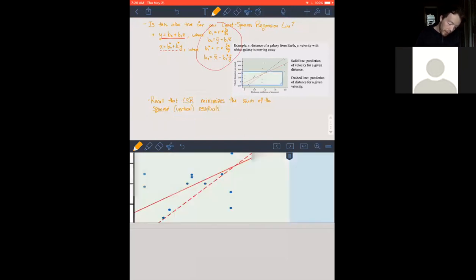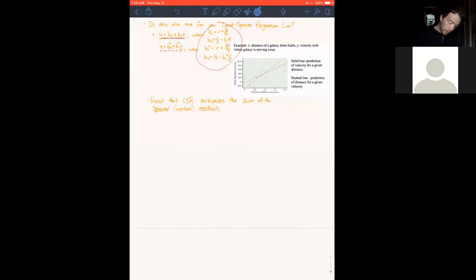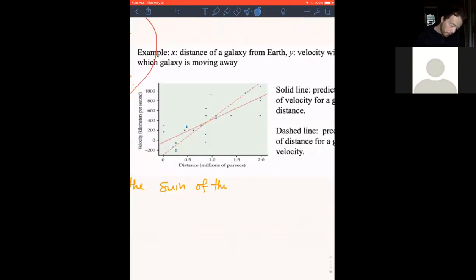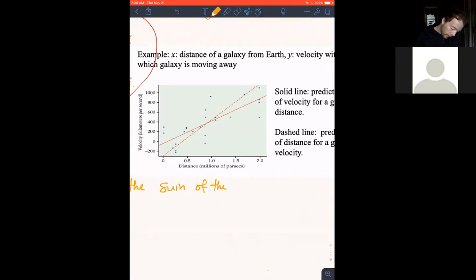So in the case of our solid red line here, and I'm going to zoom in, the solid red line is the one that minimizes the squared distances between these points and the line. We would take all of the distances between these points and the line, square each of those distances, sum them up, and that should be the minimum possible of any other line.